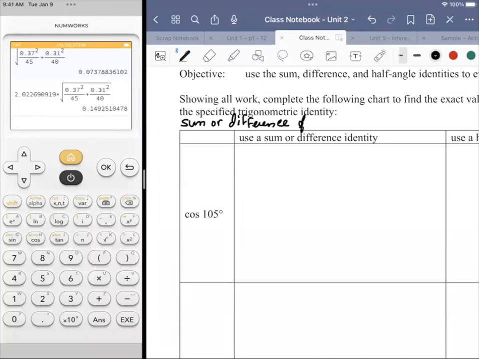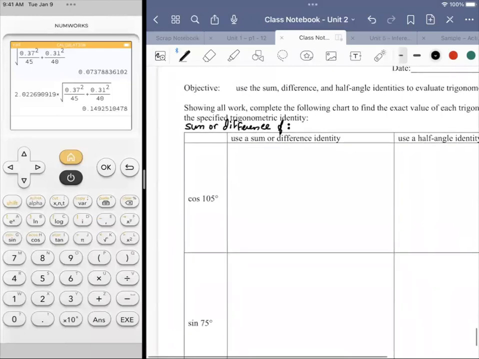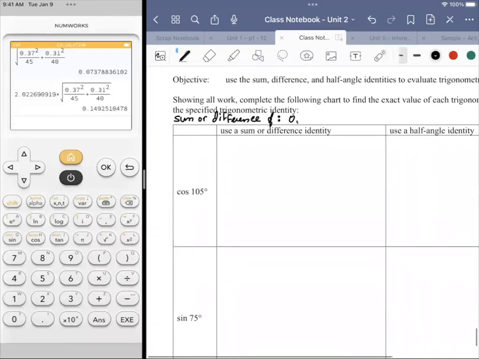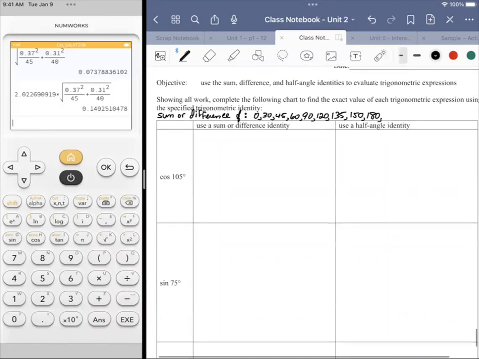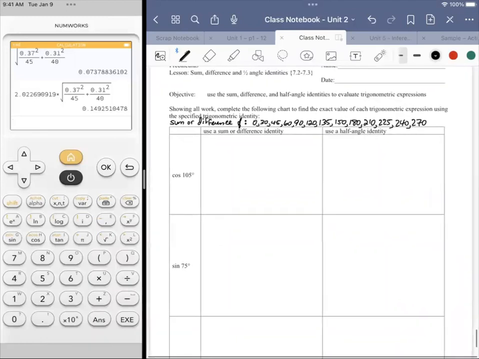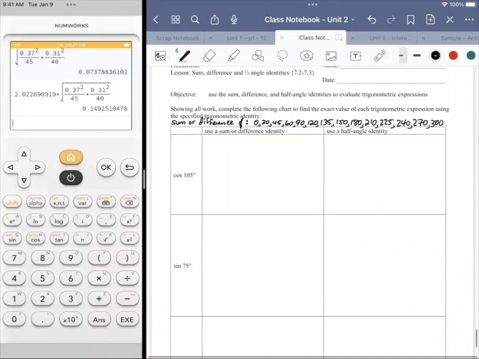of the special ones: 0, 30, 45, 60, 90, 120, 135, 150, 180, 210, 225, 240, 270, 300, 315, 330, and I almost had enough room for 360.